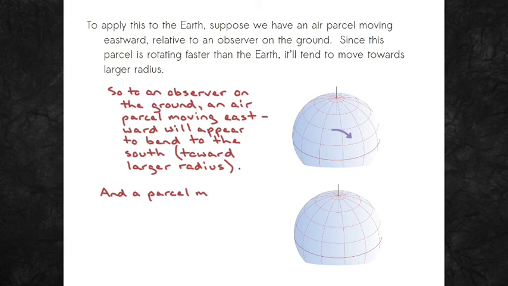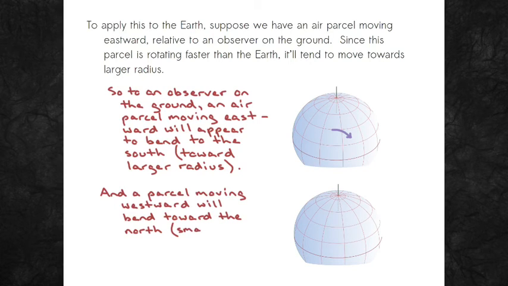So an air parcel moving westward, rotating more slowly than the Earth, will tend to bend towards the north, because that's how you get in towards the axis of rotation, towards a smaller radius.